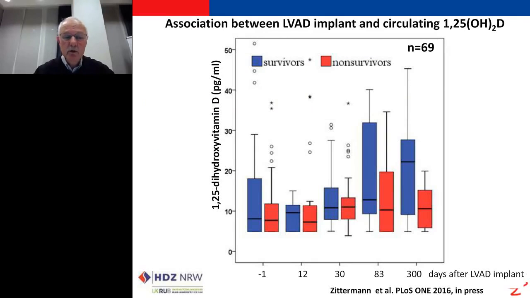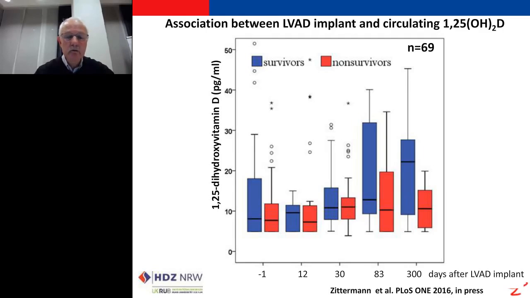And what we also investigated was the association between mechanical circulatory support implants and circulating 125 dihydroxyvitamin D levels. At the beginning, just before implantation, all patients had very low 125 dihydroxyvitamin D levels.